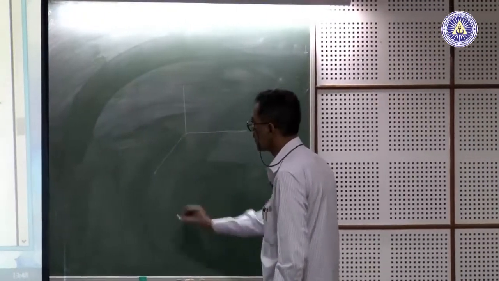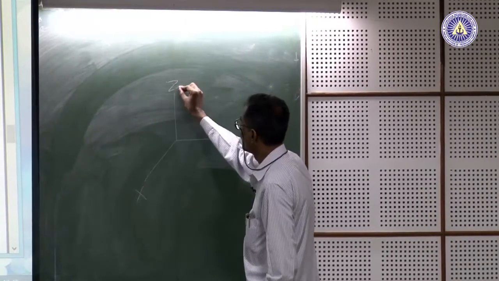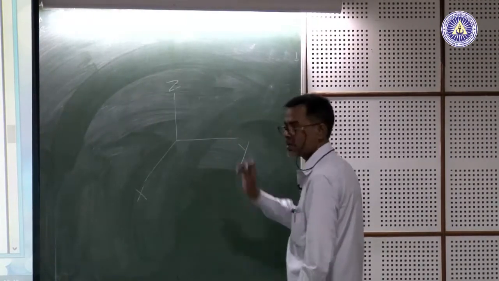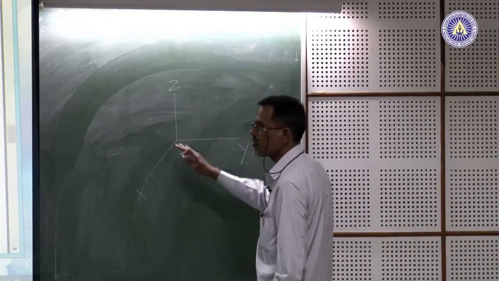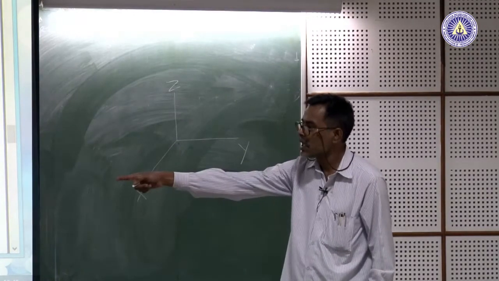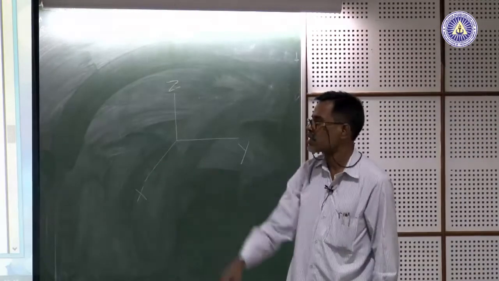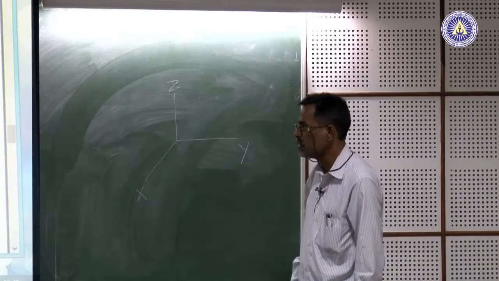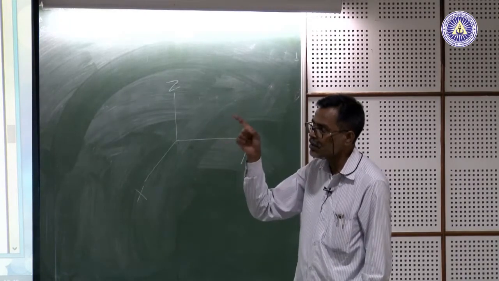This is a frame of reference. Okay, fixed, and then in this frame of reference, the origin of which is perhaps at that corner, and x axis is along that direction, y axis is along this direction, and z axis is perhaps vertically upward, and that is fixed to this room.